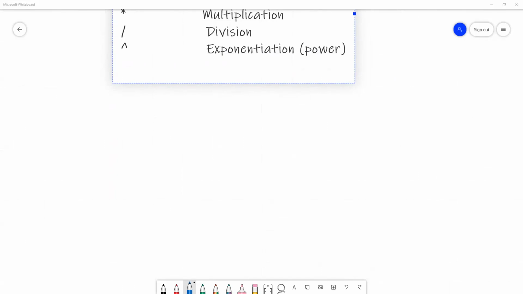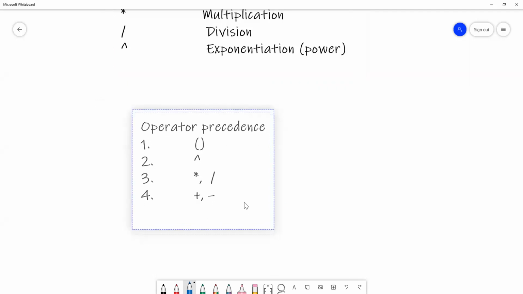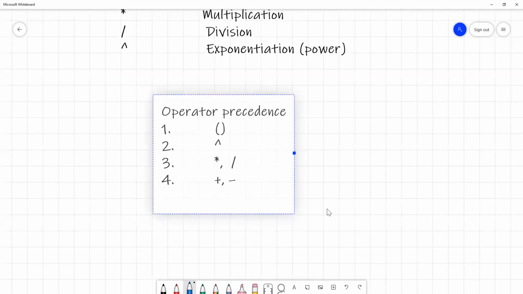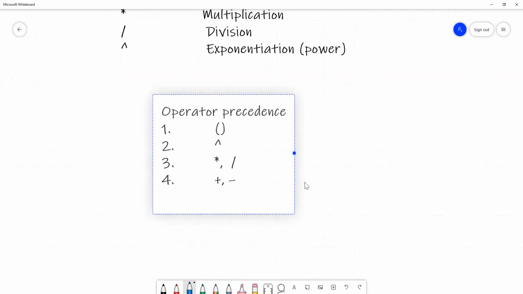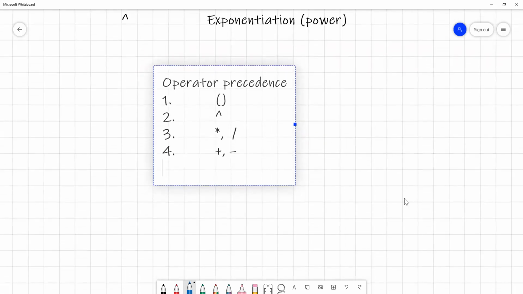So you have to look for the precedence, and here is the precedence. The highest priority is given to brackets, then exponentiation, then multiplication and division, which we consider to be in the same precedence. And finally, you will have addition and subtraction.